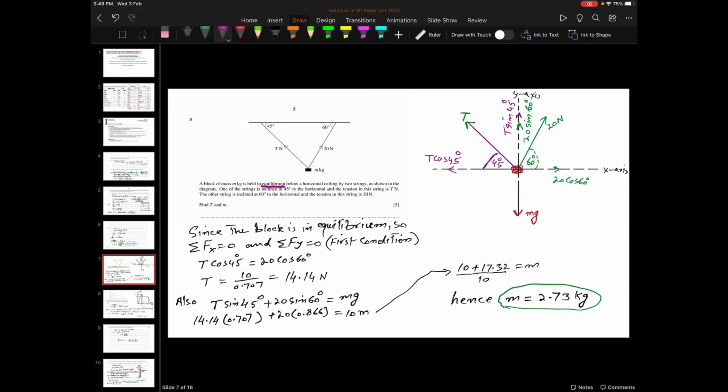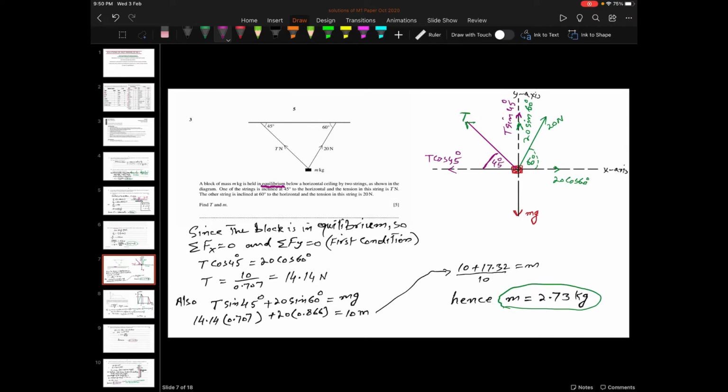Now the sum of all the forces acting along the y-axis must be 0. How many forces are acting along the y-axis? Three. Two forces up and one force down. So the sum of all the forces is equal to 0. It means T sin 45 degrees plus 20 sin 60 degrees is equal to mg.